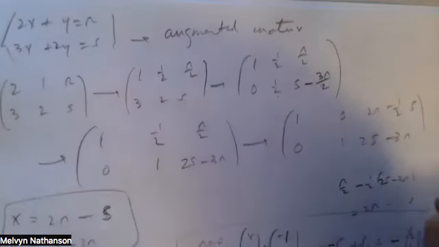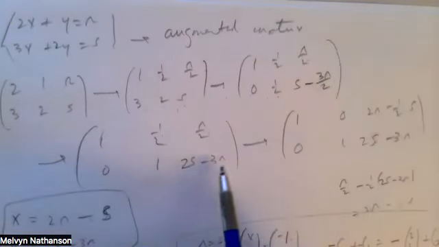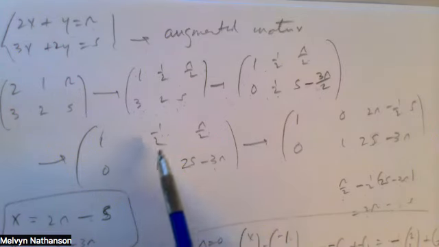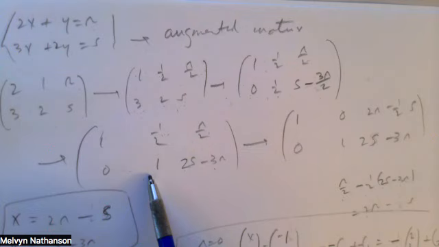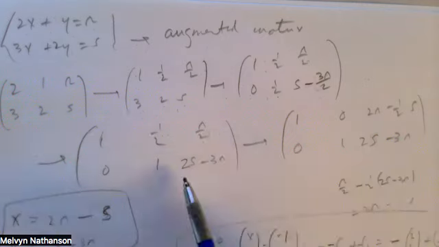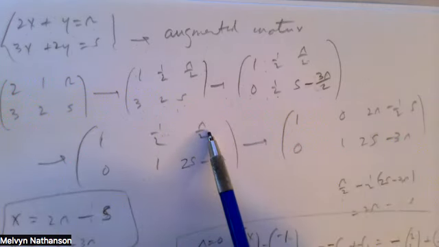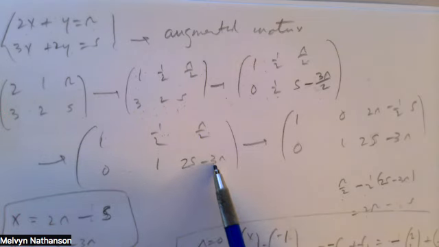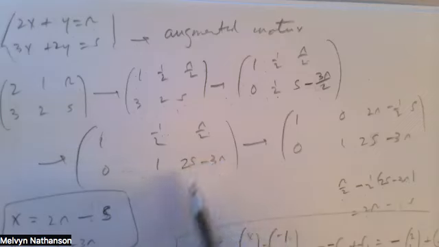I take the first row minus a half the second row. So this is 0, 1, 2s minus 3r, r over 2 minus s plus 3r over 2 is 2r.